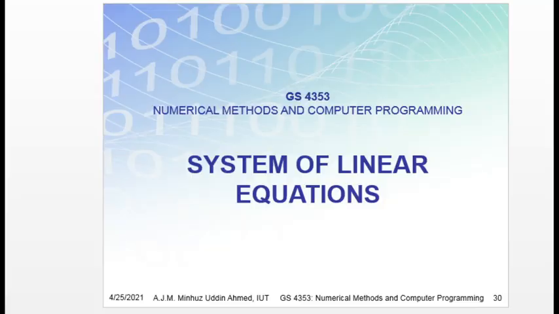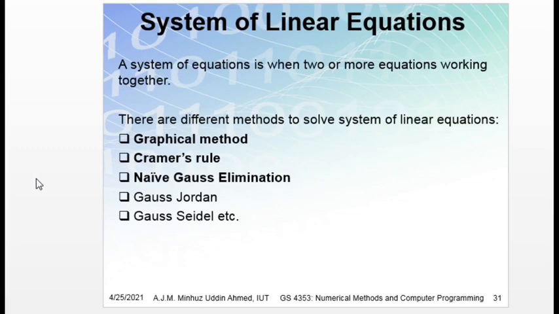System of linear equations. A system of equations is when two or more equations work together. There are different methods to solve systems of linear equations. I have given some examples, and some are made bold, so that we will be giving examples of those in our course.